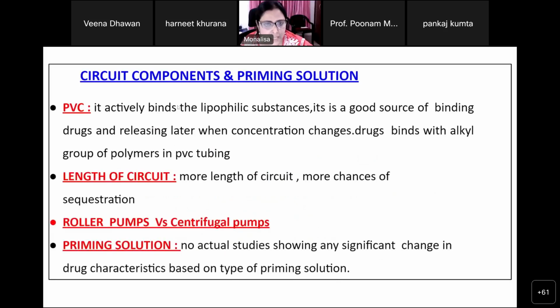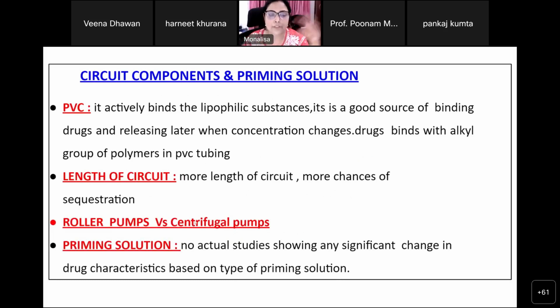Next, circuit component and priming solutions. Polyvinyl chloride in the circuit is going to actively bind to your lipophilic substances, and it's a good source of binding drugs. It releases them later when the concentration changes. The drugs bind to the alkyl groups of the polymer in the PVC tubing. Length of the circuit: the more the length of the circuit, the more chances of sequestration.